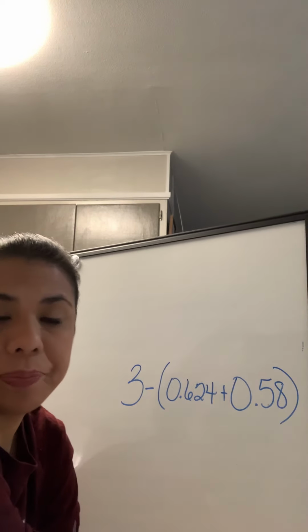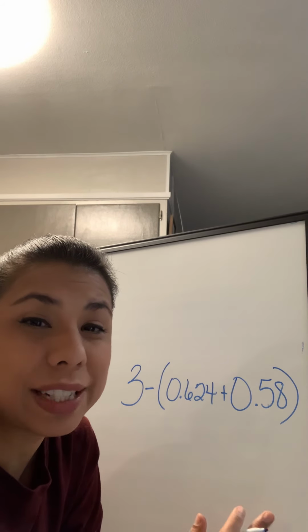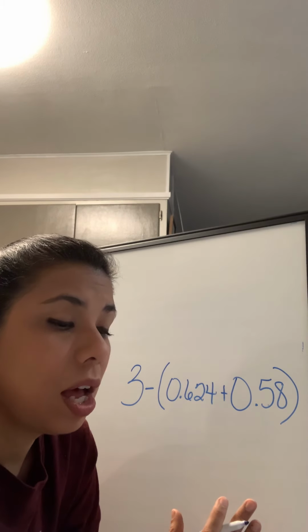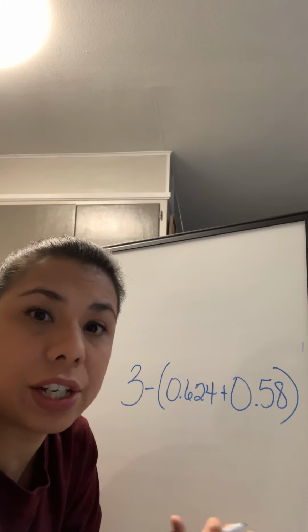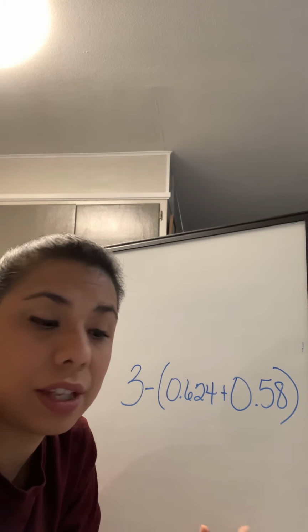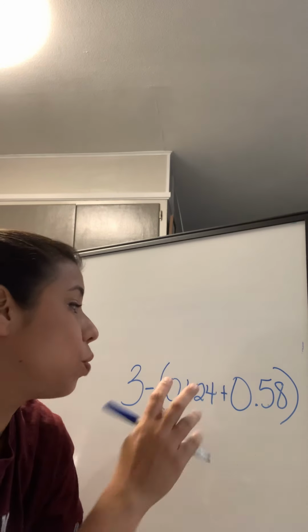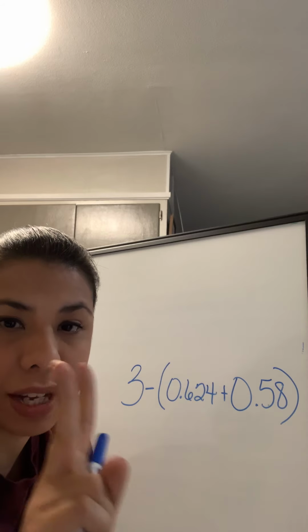Now, question or comment. Could you subtract each one of these from 3 one at a time? Absolutely, you could. I caution you with that because it's easier to make a calculation error with subtraction than it is with addition. So it is far easier to add these 2 amounts first and then only subtract 1 time instead of subtracting twice.